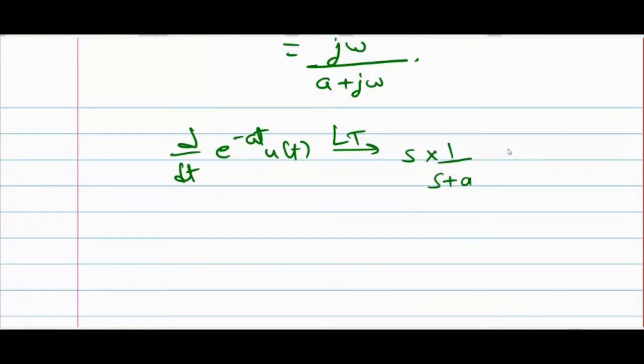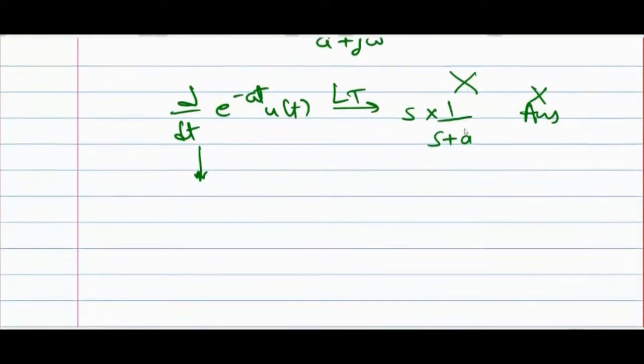Okay, this is the answer, but this answer is incorrect. Because if you differentiate it in the time domain, you will get another answer. If you differentiate and then take the Laplace transform, you will not get this answer. This is the wrong answer for this question.